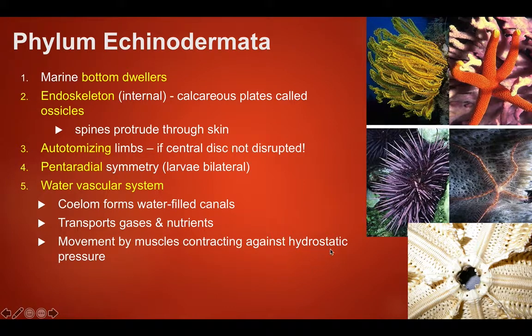We kind of saw something similar to this when I was talking about nematodes and how they use their hydrostatic skeleton, which is pretty much just a fluid-filled area of the body that has increased pressure. So if you change the pressure through muscle contraction, it can help with movement. So something very similar with our water vascular system for the phylum Echinodermata. They have these specialized appendages called tube feet. The tube feet, depending on the class, can be used for locomotion or for things like filter feeding.